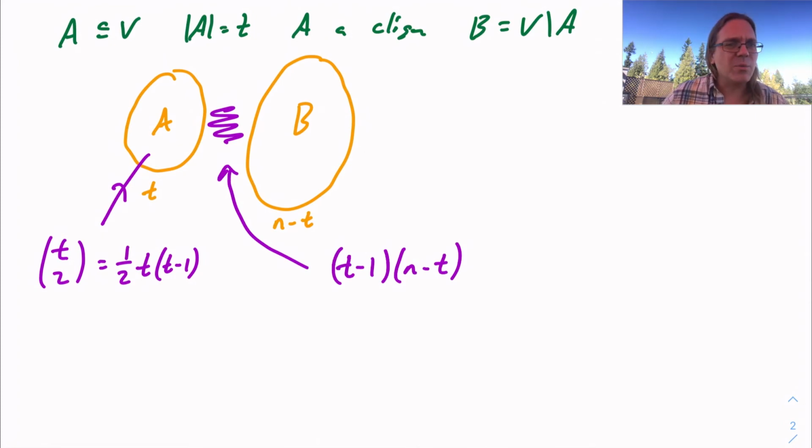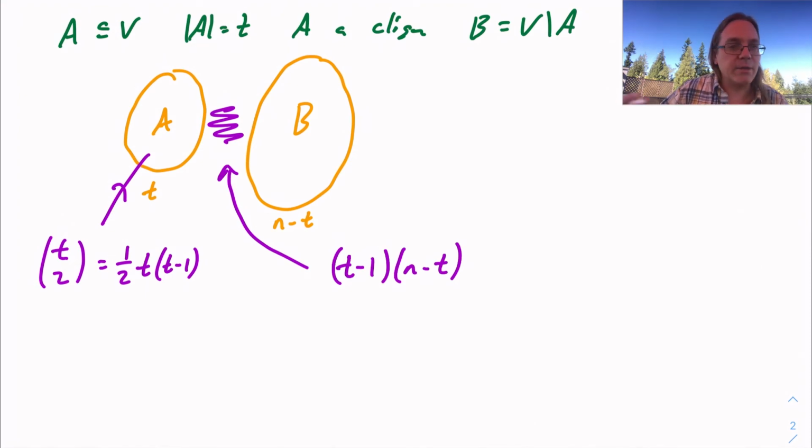But how about B? We hardly know anything about B. All we did was choose a clique A, and we sort of pulled it off. What do we know about B? Well, we don't know too much, but we know that it's a simple graph, and we know that it doesn't have a clique of size t plus 1, and we know that it's smaller than our original graph. So what do we do? We apply induction.